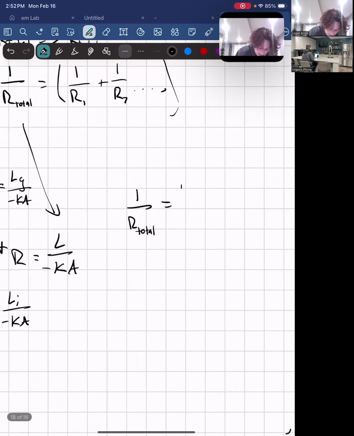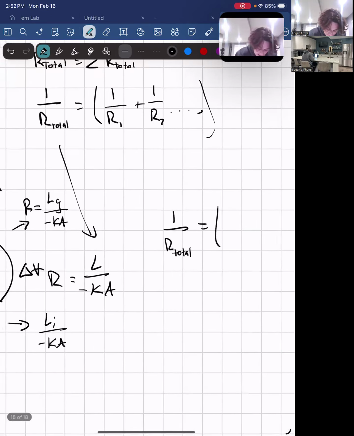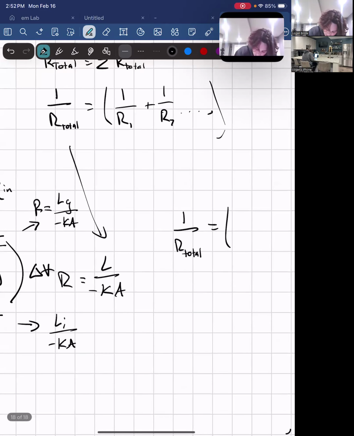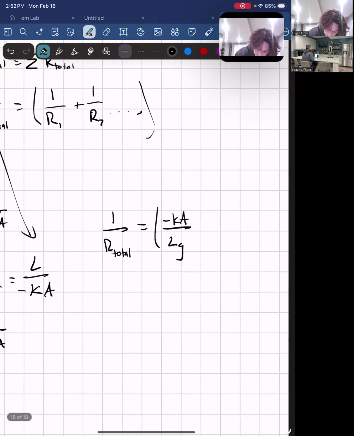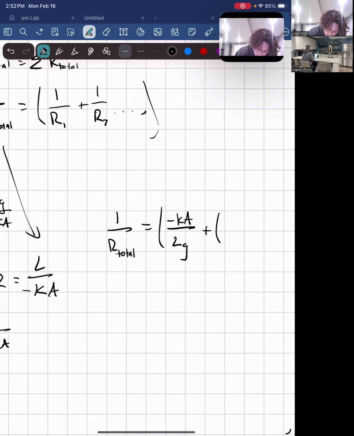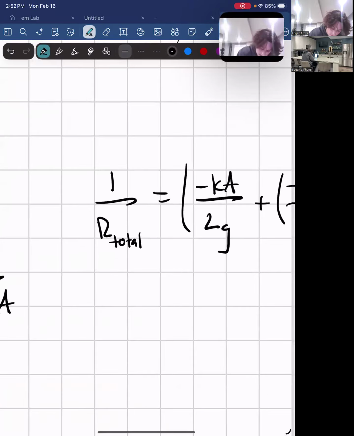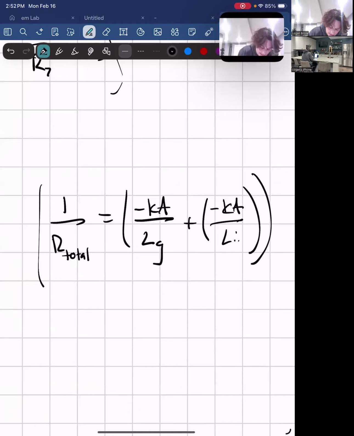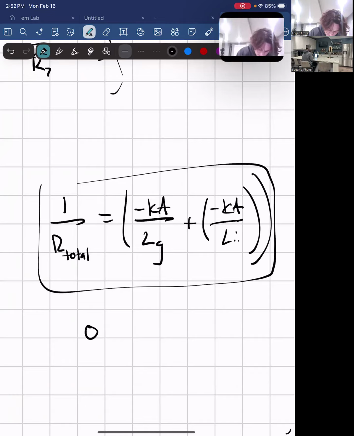So if we take that inverse, we then get minus kA over length of the glass plus minus kA over length of the insulation, right? And so this is our overall thermal resistance overall.